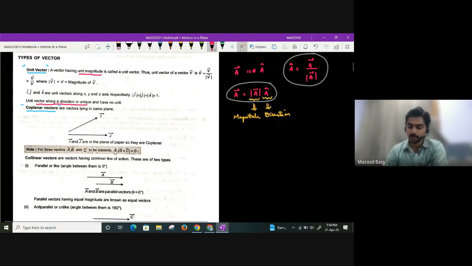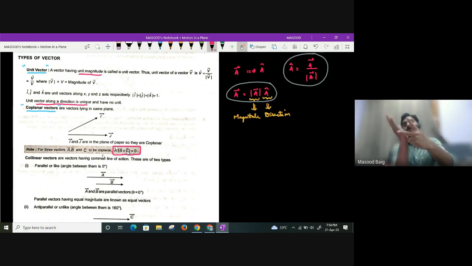Although this is related to maths, guys, let us not go into detail, but please do remember that for three vectors a bar, b bar, and c bar to be coplanar, their scalar triple product a bar dot b bar cross c bar should be equal to 0. Let us take two vectors in the front wall. This is b bar, this is c bar.